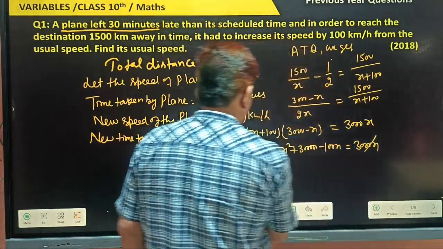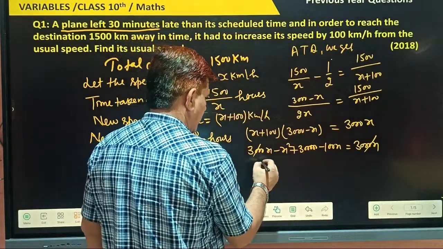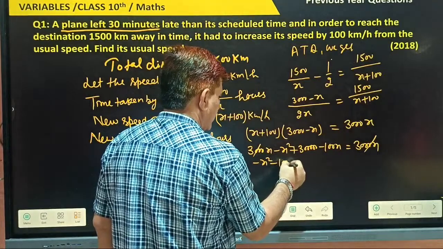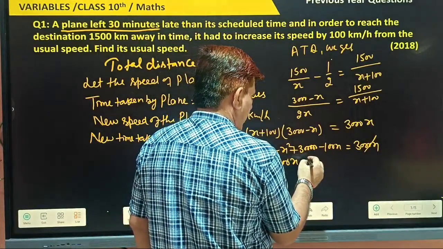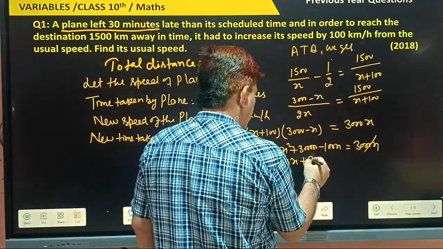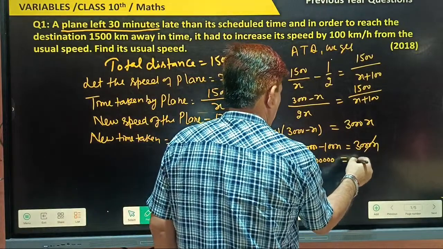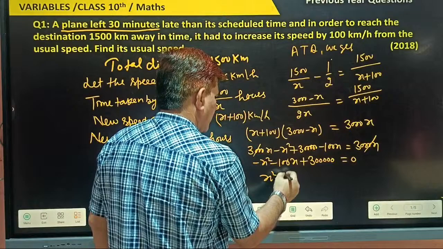So this cancels this, this cancels this. So this is minus x square minus 100x plus 300000 equal to 0. Or this we can write x square plus 100x minus 300000 equal to 0.